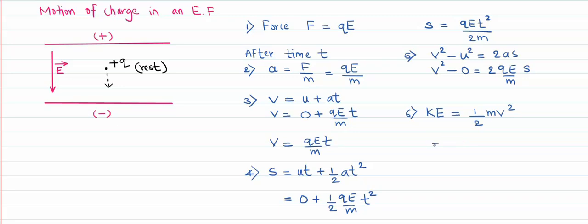Substituting, it will be q square e square t square divided by m square, and one m gets cancelled. You will have q square e square t square divided by 2m. This gives the kinetic energy after time t.